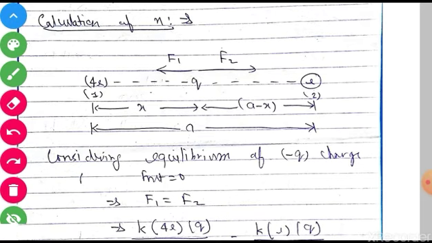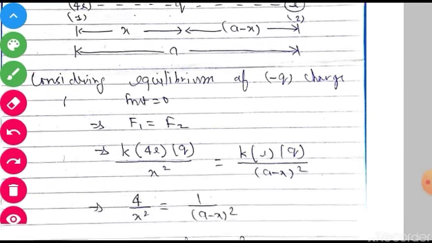This is the location of our minus q charge. Now, in order to find x, we have to deal with the forces. So consider the equilibrium of minus q charge. You can consider the equilibrium of 4e, e, any one of them, but I have taken minus q. For this minus q charge to be in equilibrium, F net must be 0, and F net can only be 0 when F1 is equal to F2.